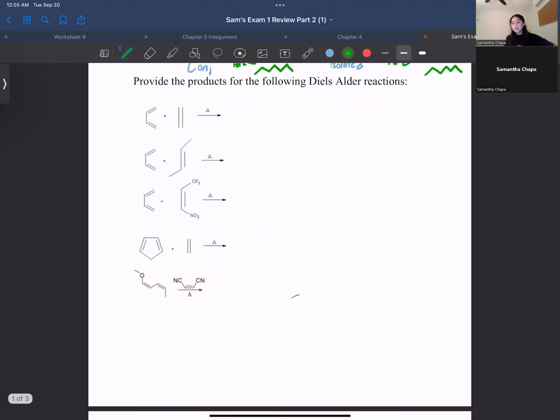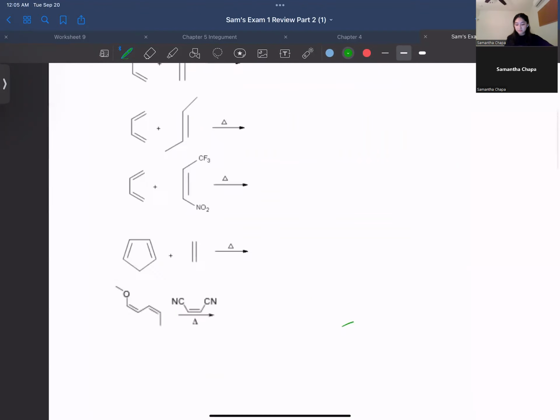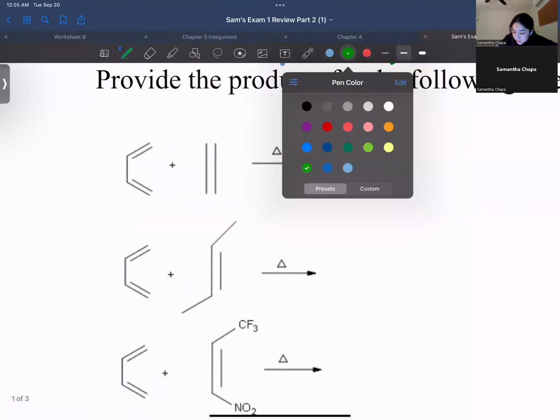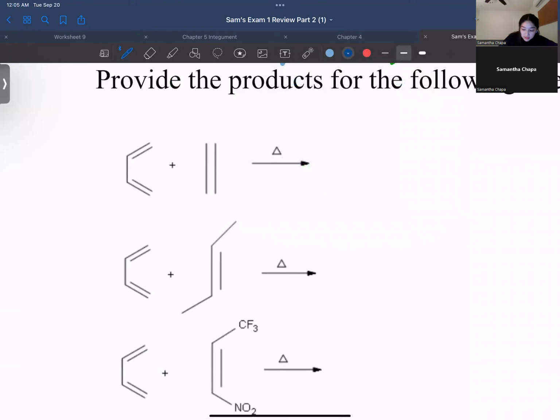Provide the products for the following Diels-Alder reactions. My biggest tip for this one is numbering your carbons. That's what's going to get you. At the end of the day, what gets most students is knowing how to orient your substituents. So let's try it. Just numbering will help you already. 1, 2, 3, 4, 5, 6.